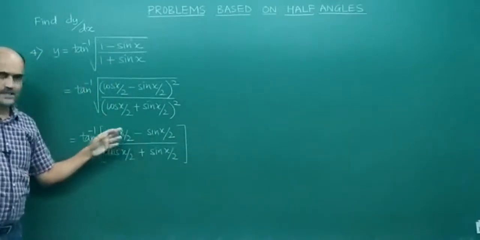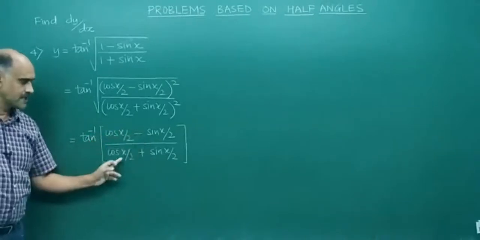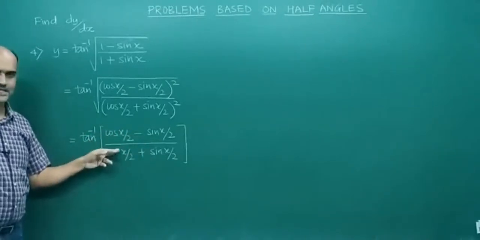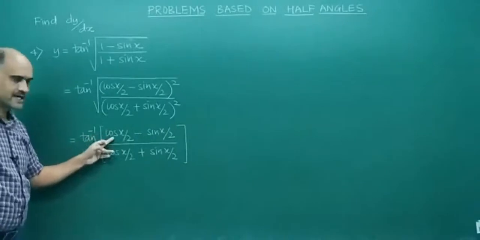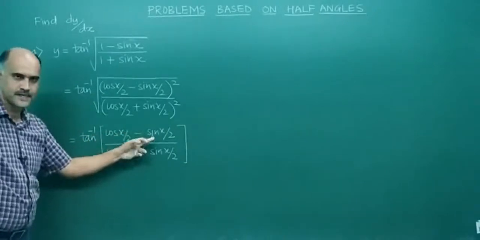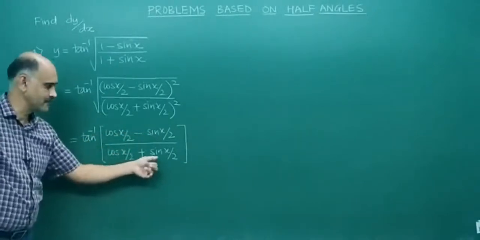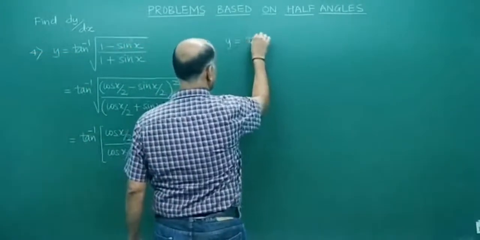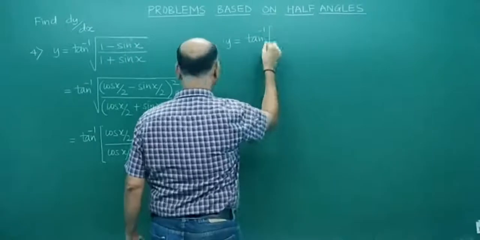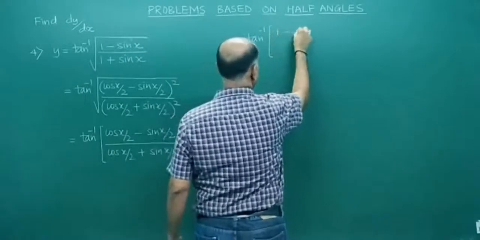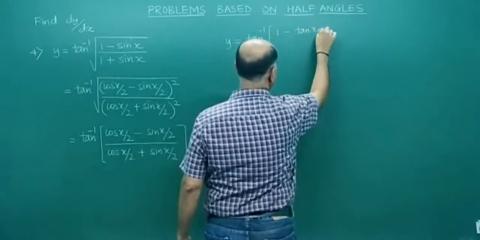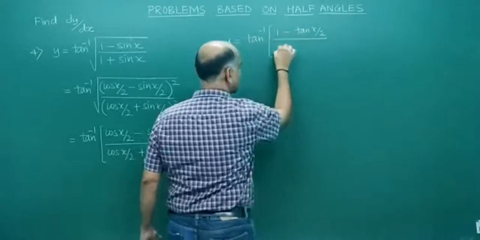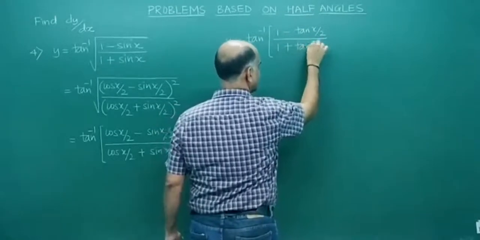Now the next step is again divide numerator and denominator by cos x by 2. So if you divide, this becomes 1, this will be tan. Same here, this will be 1, here you will have tan. So y is equal to tan inverse into bracket 1 minus tan x by 2 divided by 1 plus tan x by 2.